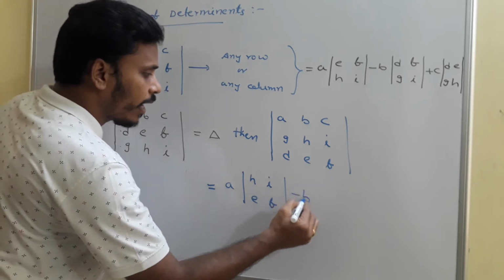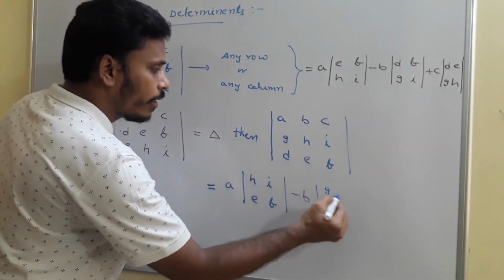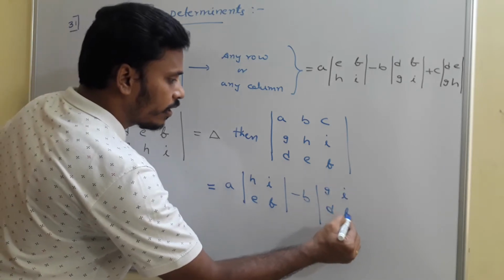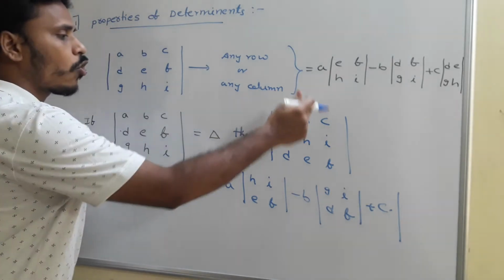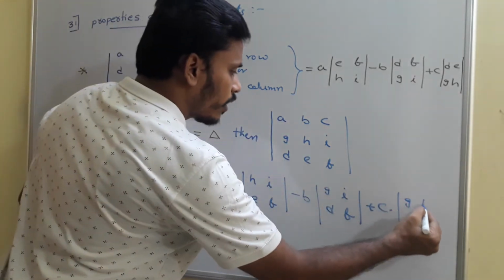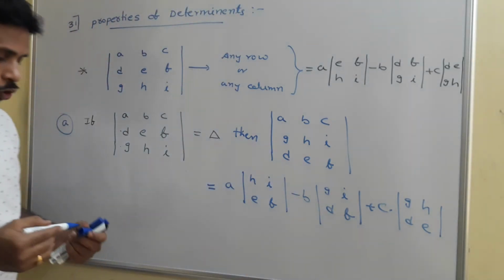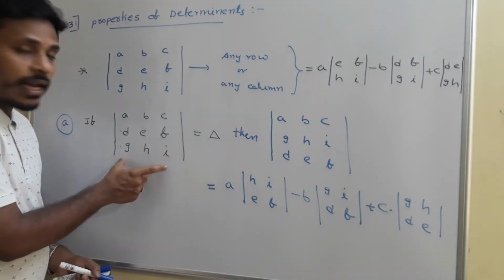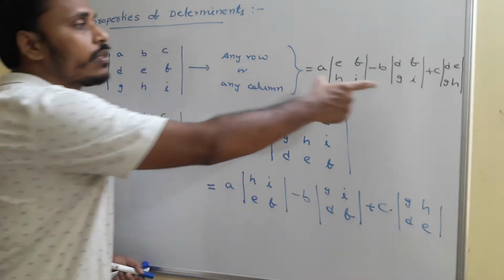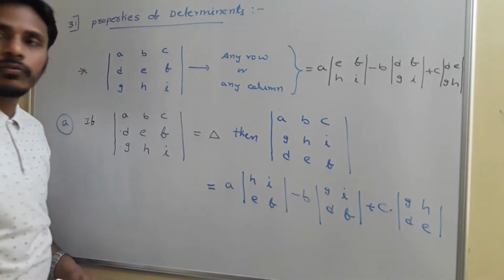And then minus B into, leave that row and that column, write the remaining elements G, I, D, F, and then plus C into, leave that row and that column, write G, H, D, E. And if you observe, the original determinant value is delta, and we have this determinant in this format.